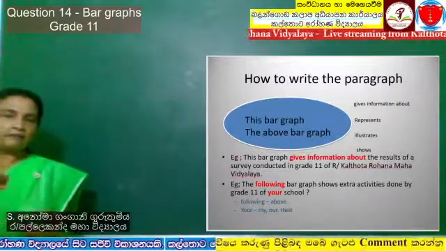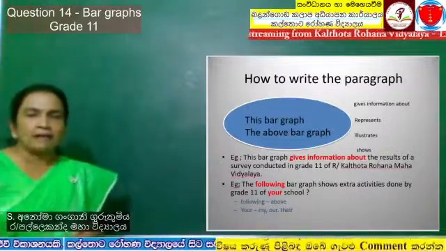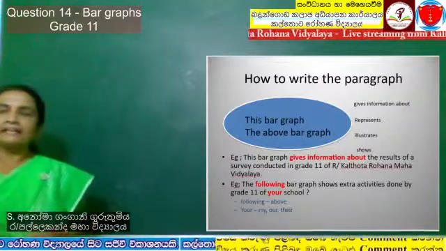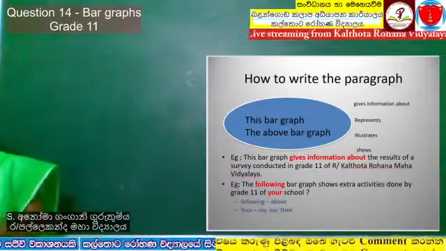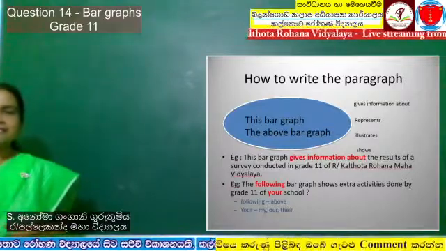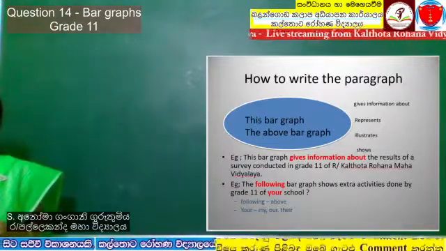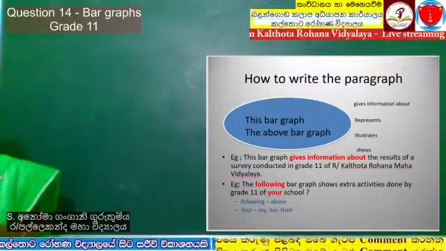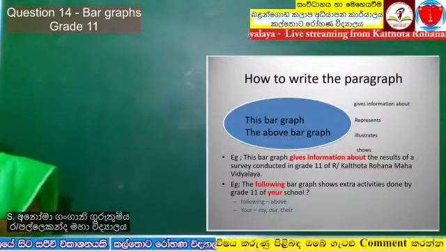The following, I took this from the question: The following bar graph shows extra activities done by grade 11 students of your school. So we have to write it like this way: The above bar graph shows extra activities done by grade 11 of my school, grade 11 of our school. My school or our school, we can write.